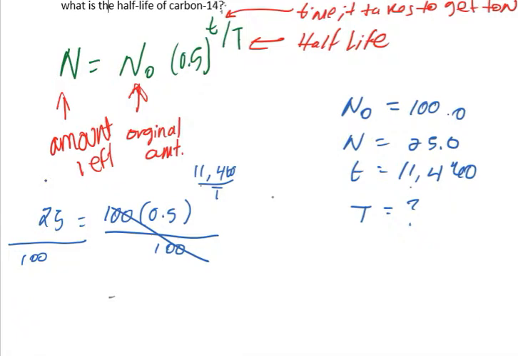So then I have 25 divided by 100, which would be 1/4, of course, which is 0.25, which is equal to 0.5 raised to 11,460 divided by capital T.